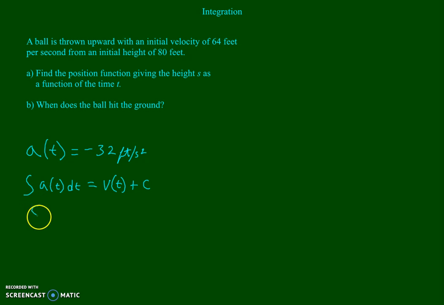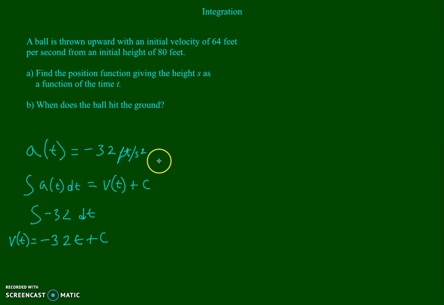So the integral of negative 32 with respect to time is negative 32t plus c. And this again is our velocity with respect to time.